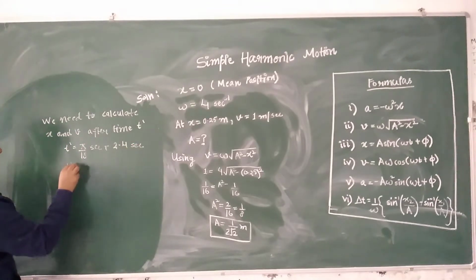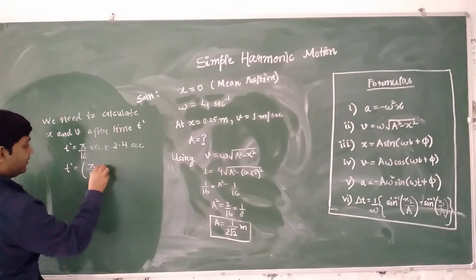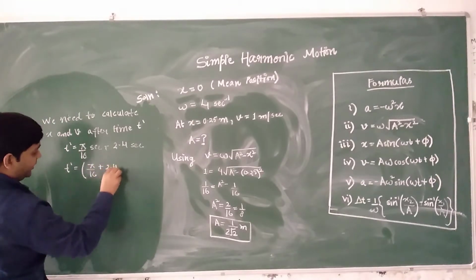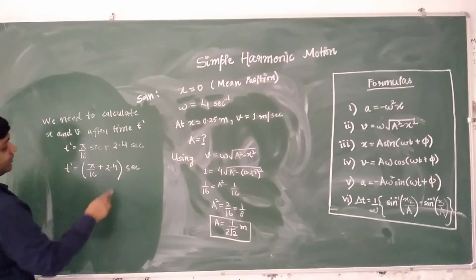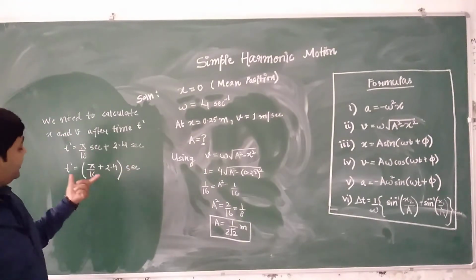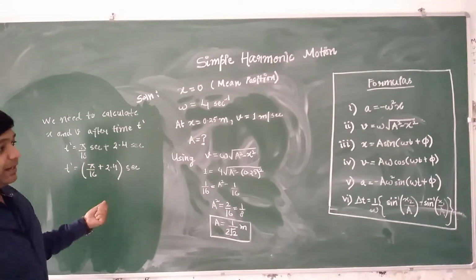So t dash will be equal to pi by 16 plus 2.4 second. After this time, starting from rest or t equal to 0, we need to find the x coordinate and velocity of the particle.